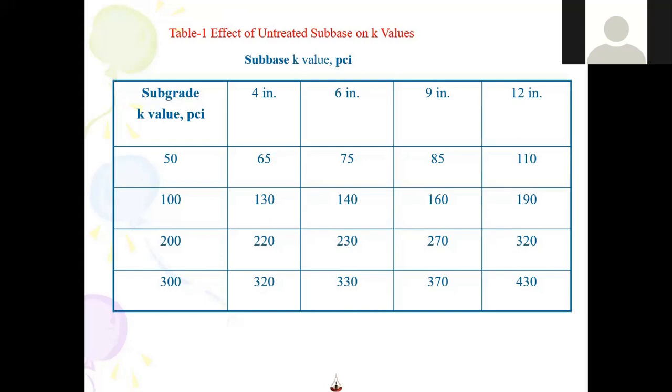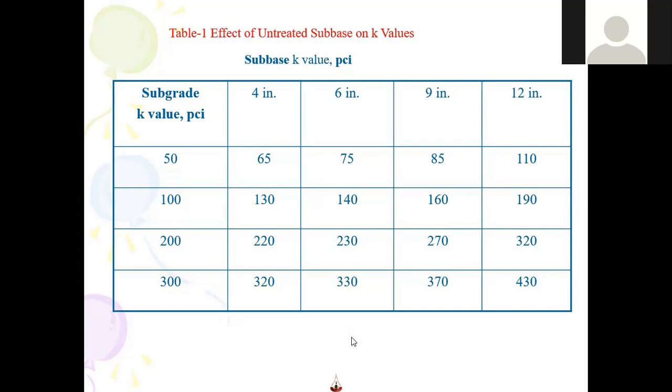So if the subgrade soil has a modulus of reaction K, say 100, and if you're providing a 6-inch subbase, then the design value you will take in the equation will be 140. If you have estimated 50, then it's 75. And if we have a K value of, say, 75, then obviously you will take the average between 75 and 140. Whatever that value is, it is your design value for the rigid pavement.